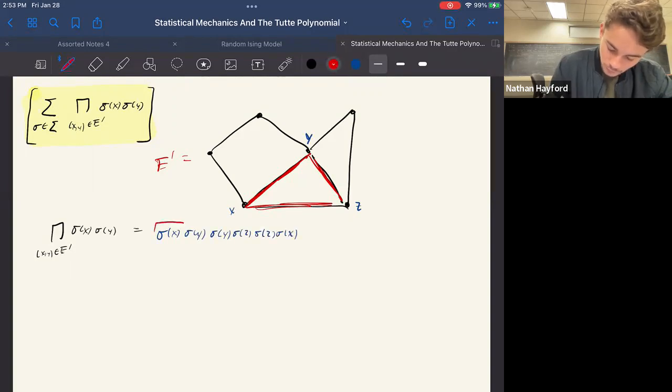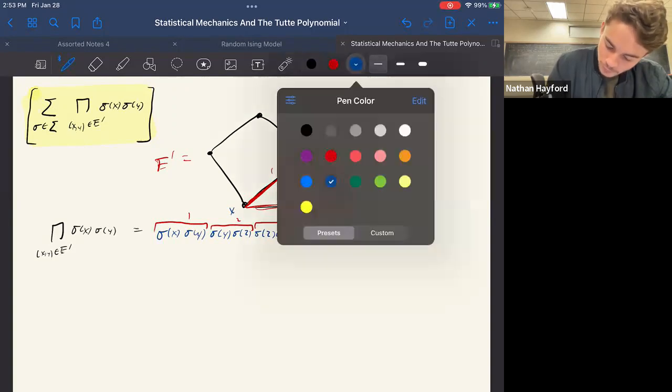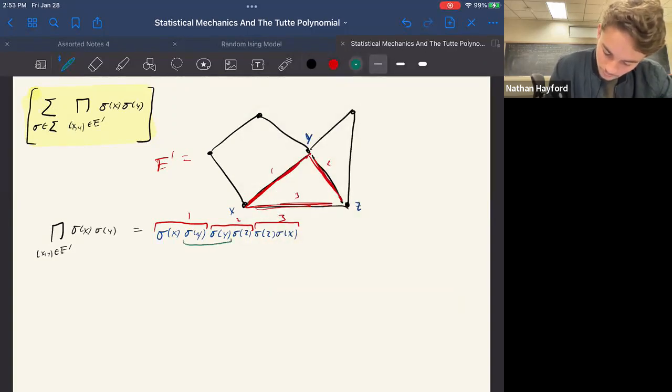Let me label the edges 1, 2, and 3. This contribution comes from 1, this one comes from 2, and this one comes from 3. Now, if I regroup the terms, I'm going to group sigma y with sigma y, sigma z with sigma z, and then sigma x with sigma x.